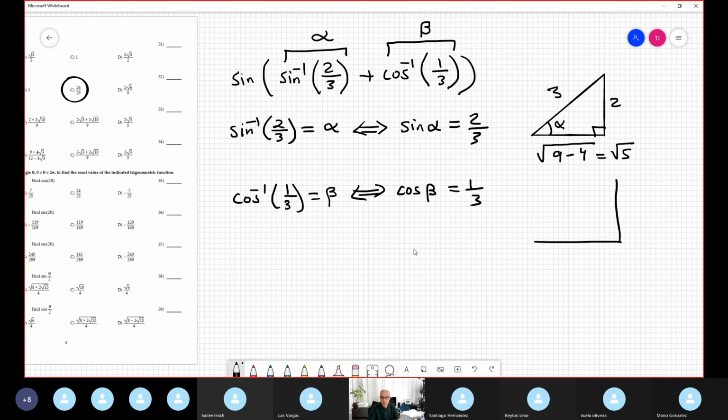We have another triangle. We have one triangle, guys, for the alpha and one triangle for the beta. Separately, different triangle. Cosine is adjacent over hypotenuse. And the other side is the square root of 3 squared, 9, minus 1 squared, 1, is radical 8. And radical 8 is 2 radical 2, no?